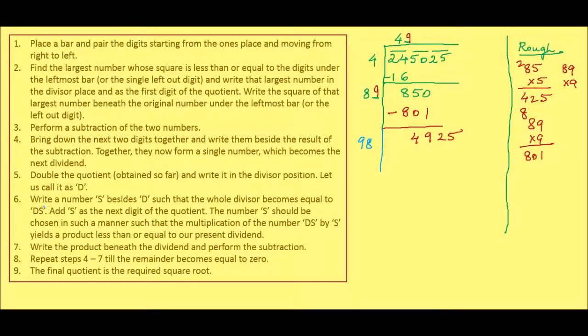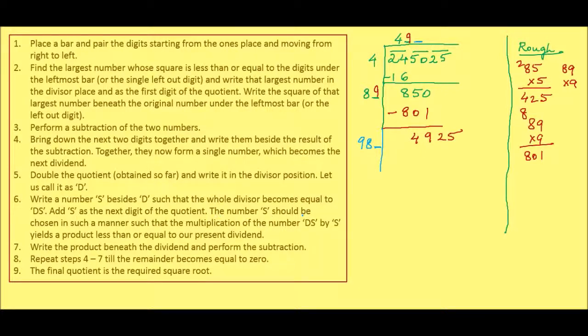Rule number 6. Write a number S beside D. That is over here. We have to keep a place for another digit such that the whole divisor becomes equal to DS. 98 is the D part and this will be the S part. Add S as the next digit of the quotient. Whatever we add over here, we have to add over here as well.